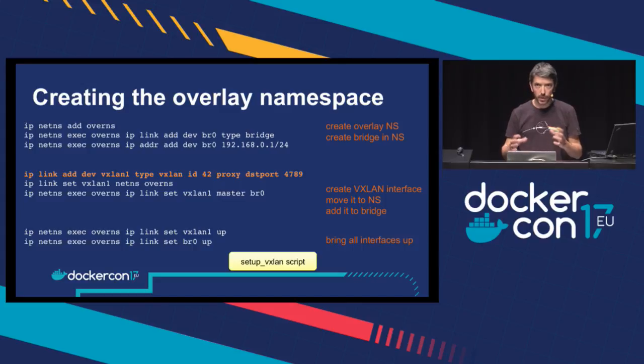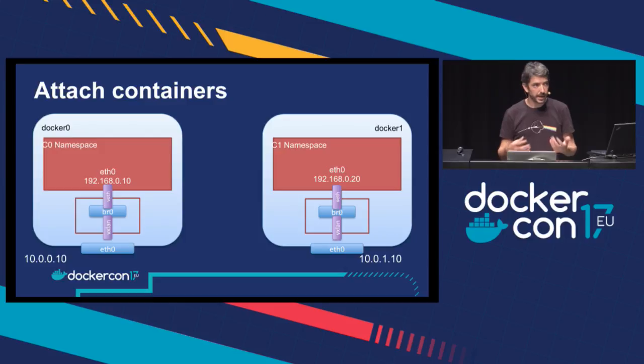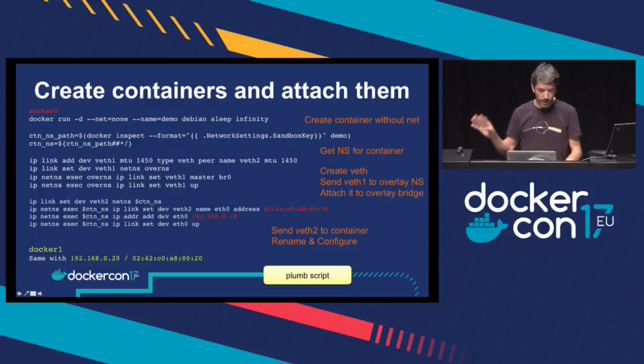Now that we have this core part of the network, what we're going to do is create containers and attach them to this. So I'm going to create a C0 container on one host and a C1 container on the other host. I'm going to give both containers IP addresses and connect them to the bridge. Once again, I'm not going to go into details into the commands, but what's important is what's in orange on the slide. So I'm going to create a container without any network, so --net=none.